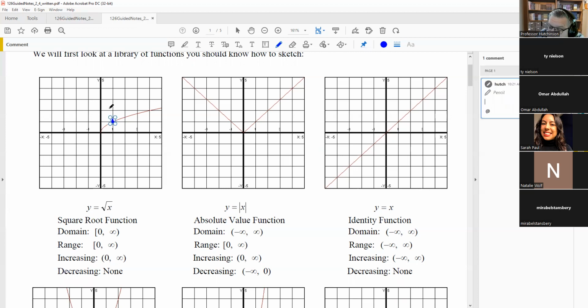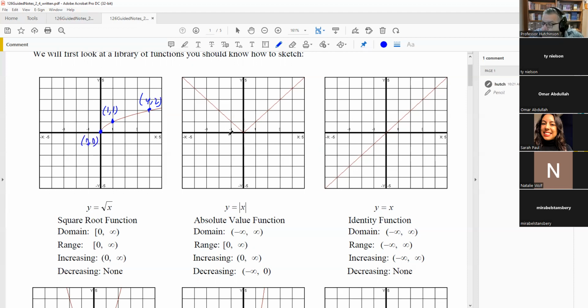So the first one we have here is the square root function. We have 1, 1, and we have 4, 2, and also, of course, we have 0, 0 here as well, as all of them are going to have.